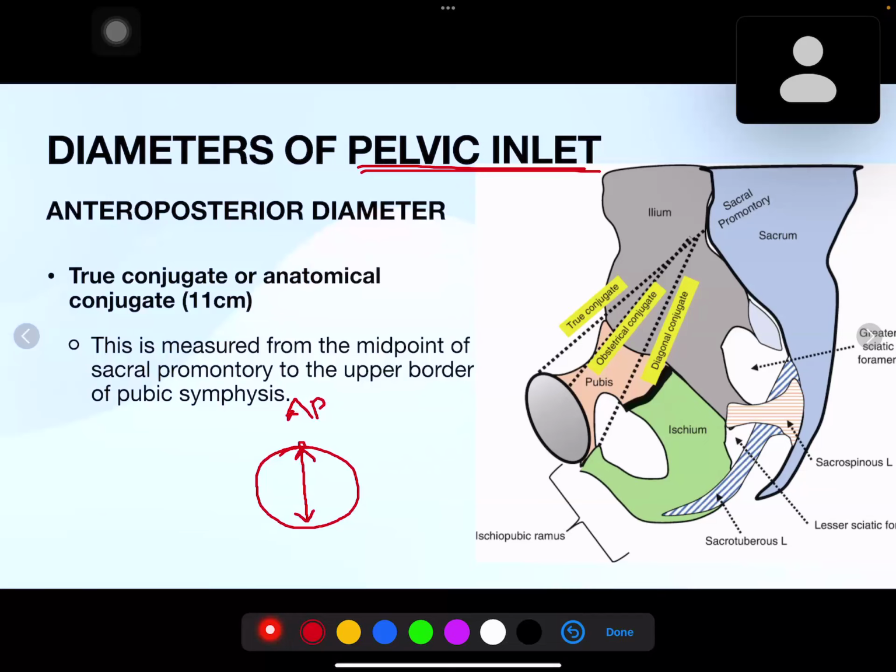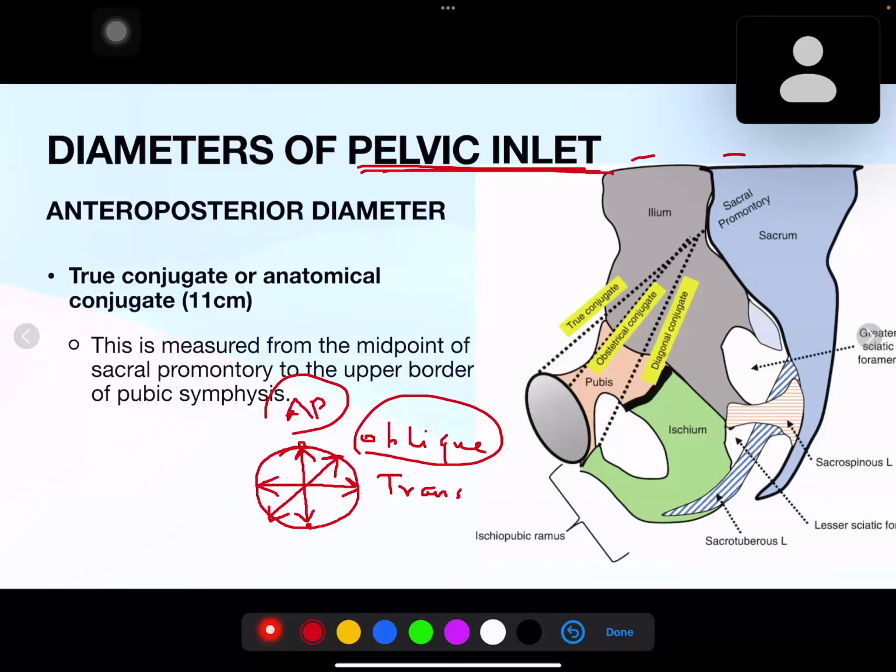And this is called the oblique diameter. So these three diameters we will be discussing for the pelvic inlet, then outlet, and the cavity. You have to remember the centimeters as well.